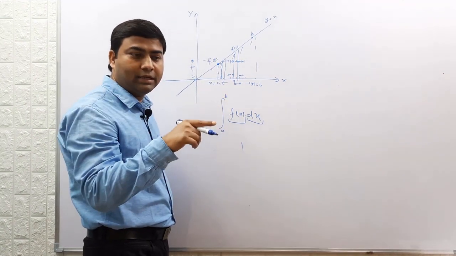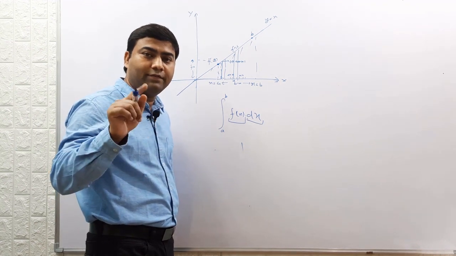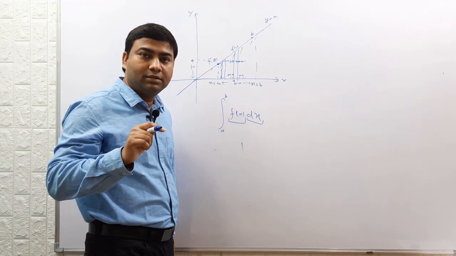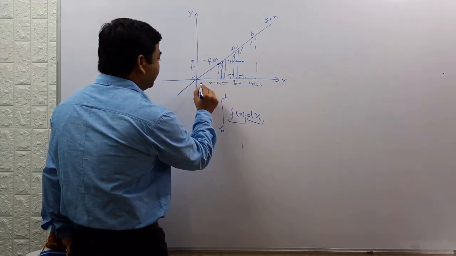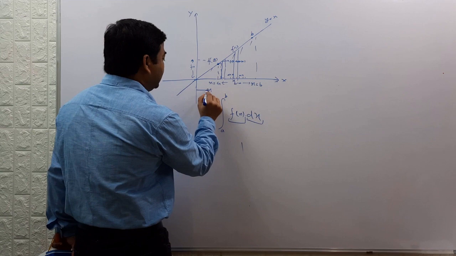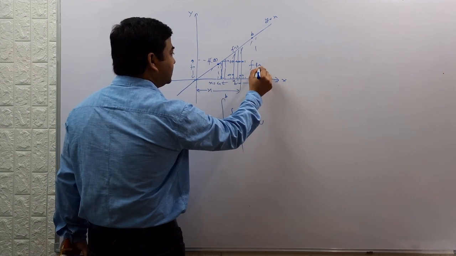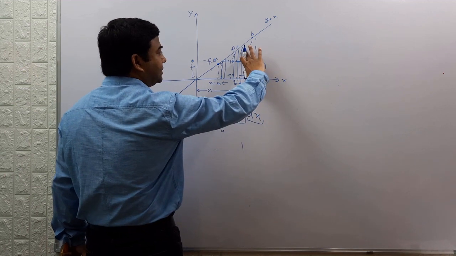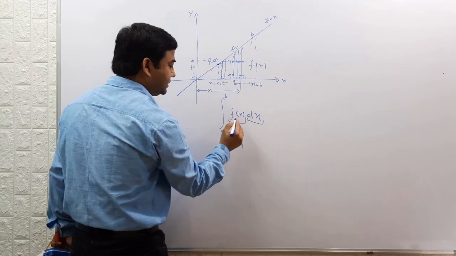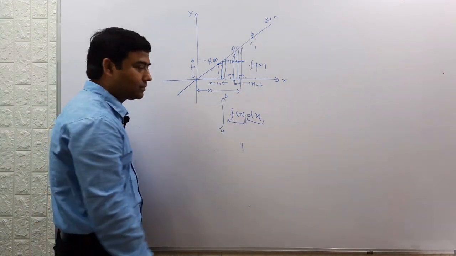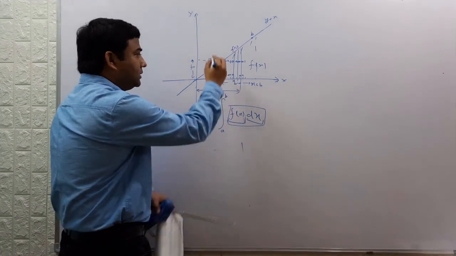First height was f(a), second height was f(a plus delta x), third height was f(a plus 2 delta x), and so on. So at value x, you know the value of the function is f(x). So the height of the general rectangle is f(x). So what is this? This is the area of a thin rectangle.